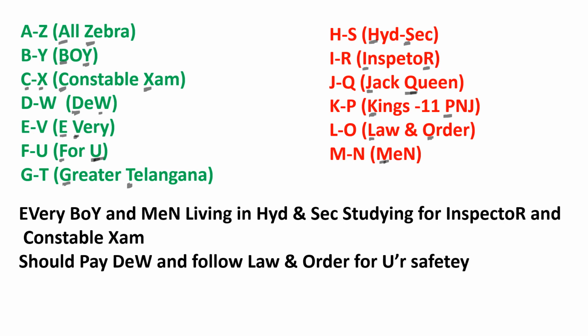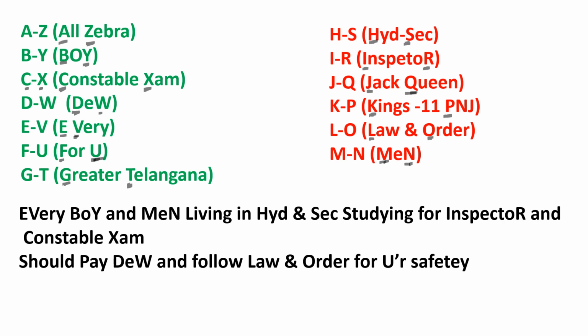MN, men. Opposite pairs. You need to remember these opposite pairs also. AZ for algebra, BY for boy, CX for crux or constable exam, D for due, EV for every, F for you, GT for Greater Telangana or great, like this.